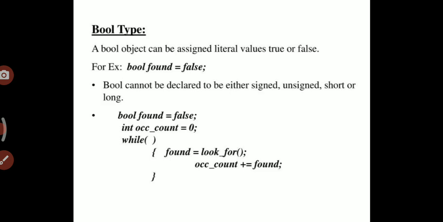Boolean type. A Boolean object can be assigned the literal value true or false, for example bool found = false. A Boolean cannot be declared to be signed, unsigned, short, or long. For example, bool found = false; int count = 0.